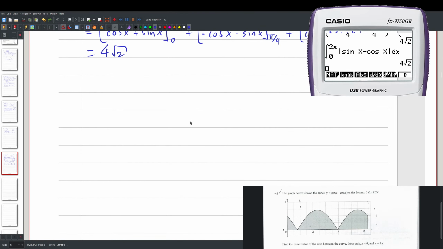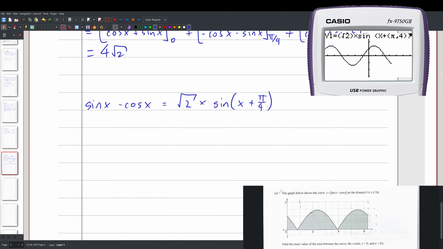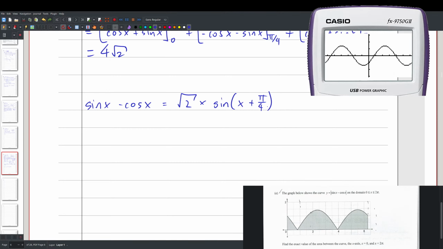The big brain solution is we simply write sine x minus cos x is equal to root 2 times sine of x plus pi on 4. Or minus, I don't know, let me check. Root 2 times sine of x plus pi on 4. No, yeah, it's minus.